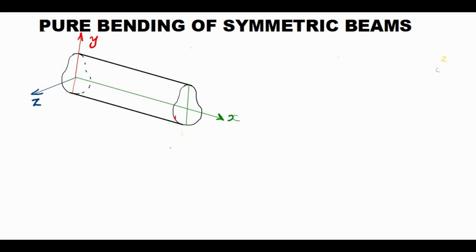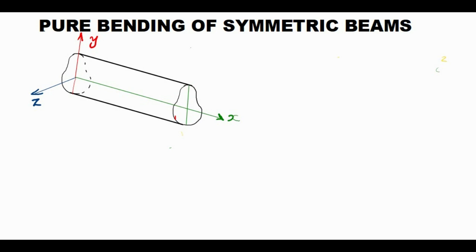Now we know that beams are structural members, prismatic structural members, which are loaded perpendicular to the longitudinal axis. What does that mean?